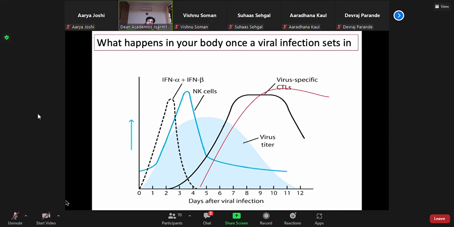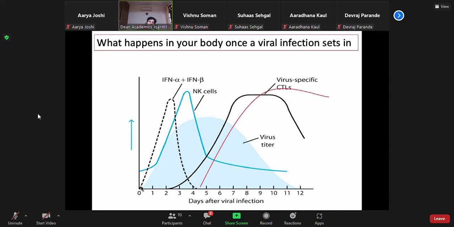Now, initially after infection, particularly when you are talking about viral infection, the one thing which is very critical and is induced first is the interferons, interferon alpha and beta. These are called type 1 interferons.